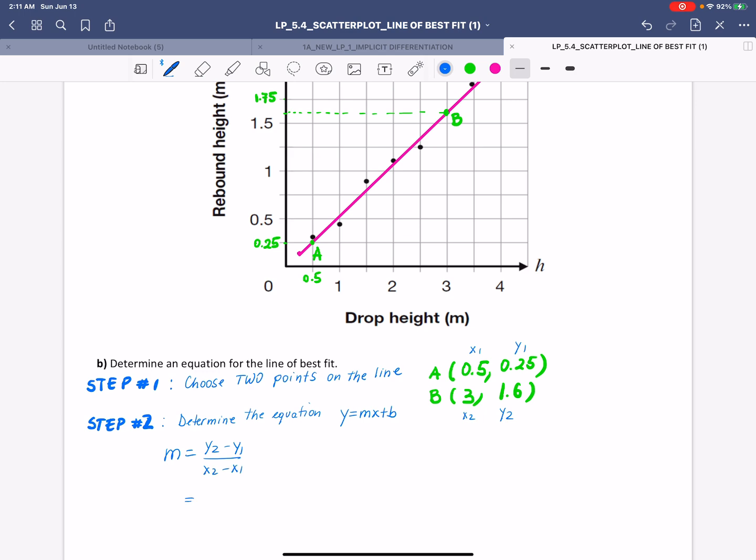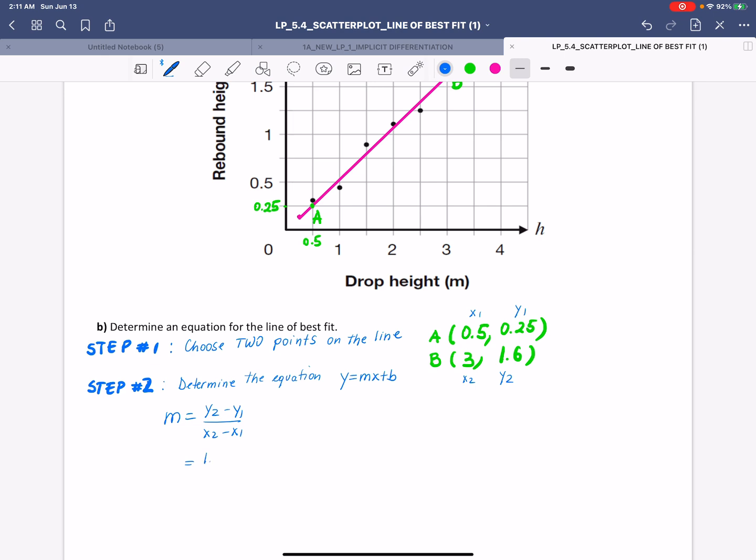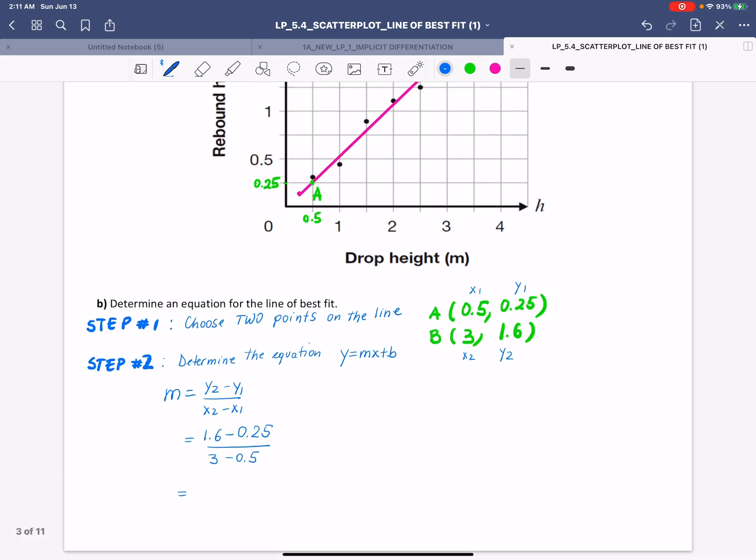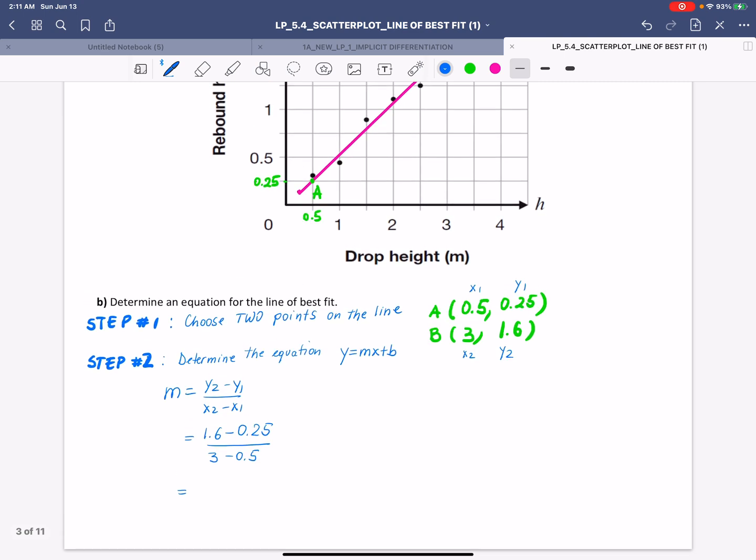So we have y2, which is 1.6, minus 0.25, over 3 minus 0.5. So 1.6 minus 0.25 will be 1.35, and 3 minus 0.5 is 2.5.